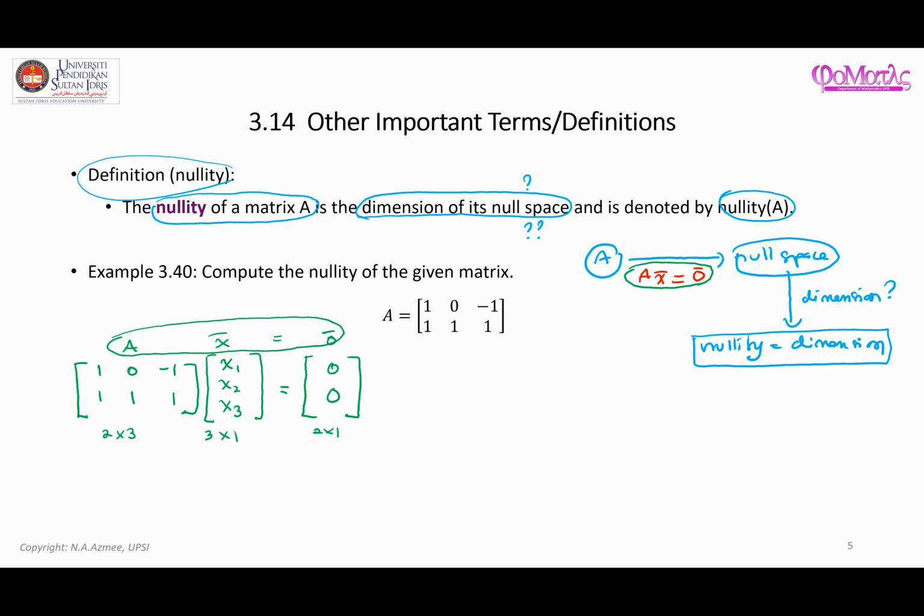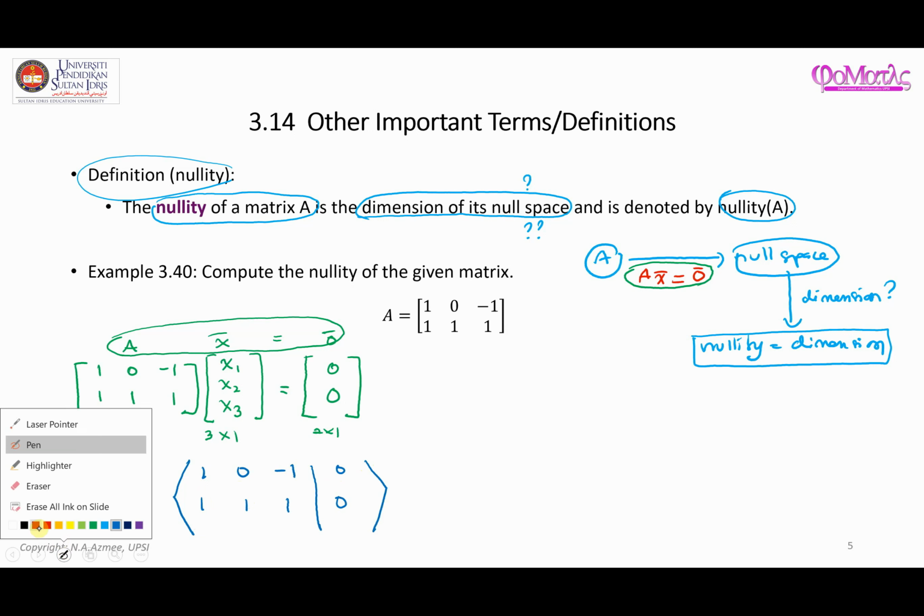Right, so in order to solve this equation, we can go to augmented matrix straight away. So the augmented matrix will look like this: 1 0 negative 1 1 1 1 0 0, and we can start off with turning this value into 0.